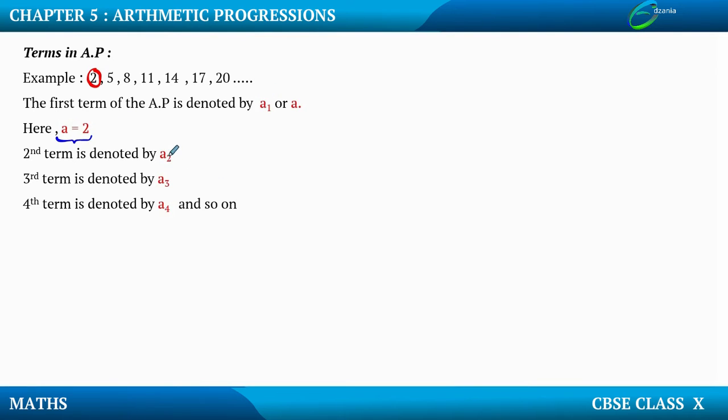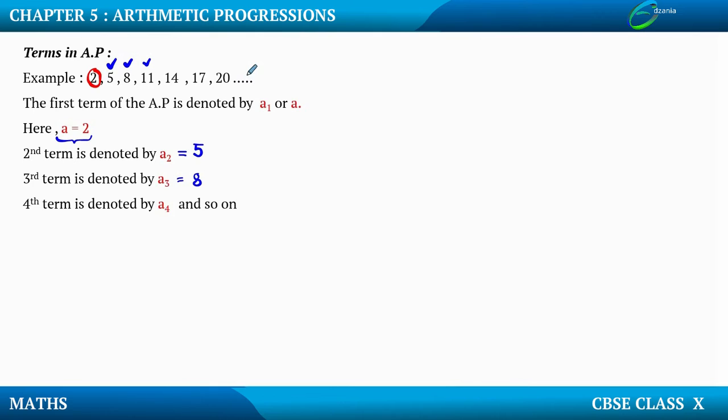The second term A2 is 5. The third term A3 is 8. A4 is 11. 14 will be A5, 17 will be A6, and 20 will be A7.